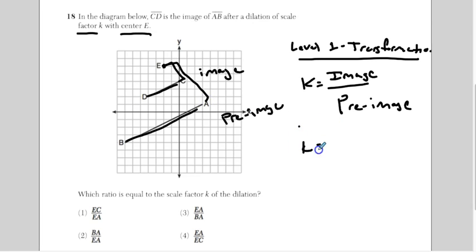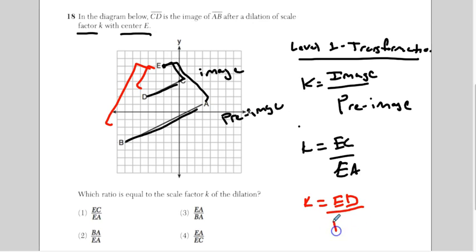So this could be K is equal to EC over EA. And there's other ways you could state this that would also be correct. You could say ED over EB. So K could also be ED over EB. So this is image over pre-image. And you could even say CD over AB. That's also okay as answers.